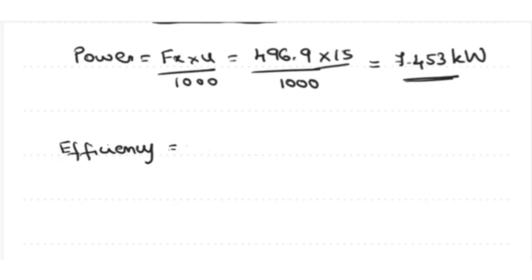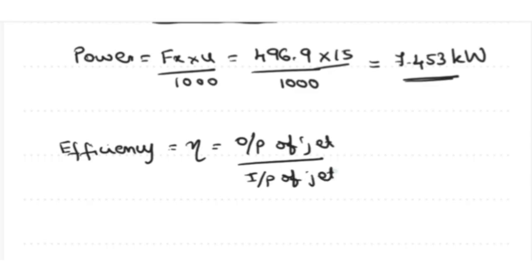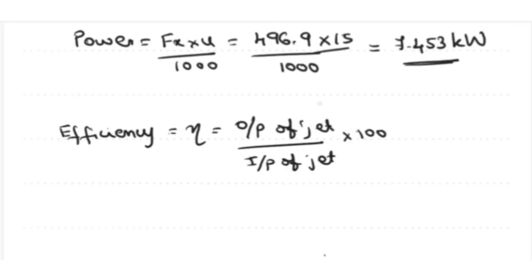Next let us go with the efficiency. Efficiency eta is equal to output of jet divided by input of jet into 100, we will get it in percentage. What is the output of jet?